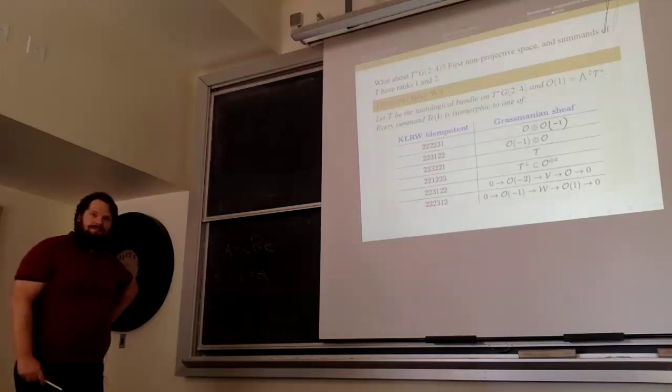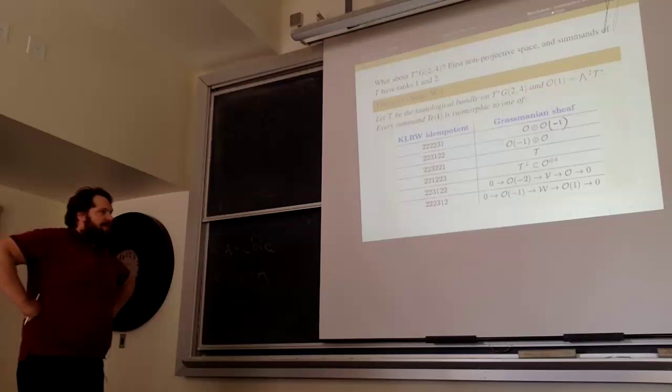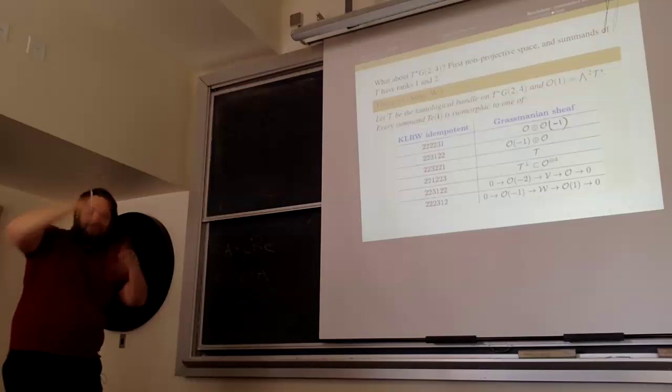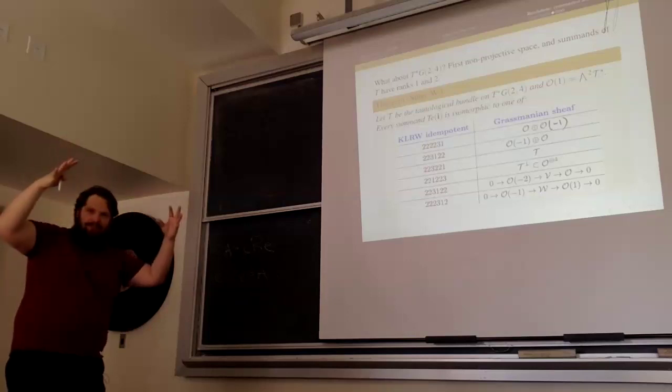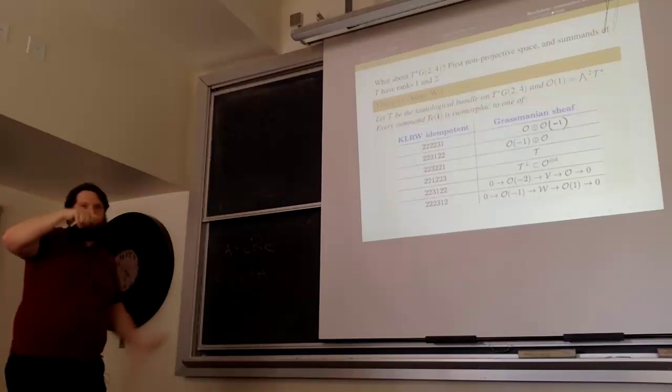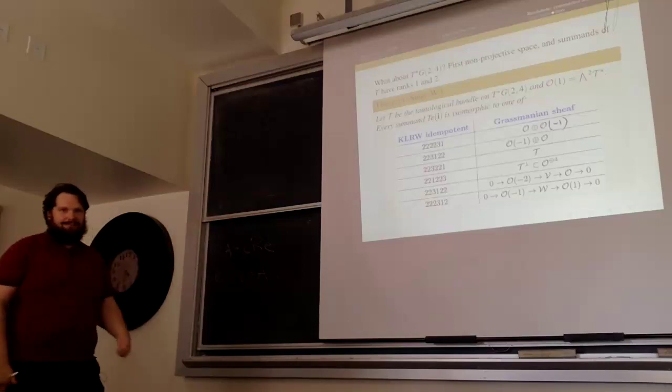Everything else is tautological objects in some sense. Yeah, it's the lowest: X1 has an action of C star coming from the scaling action, and there's a unique thing of lowest degree in X1, and that's what it is.